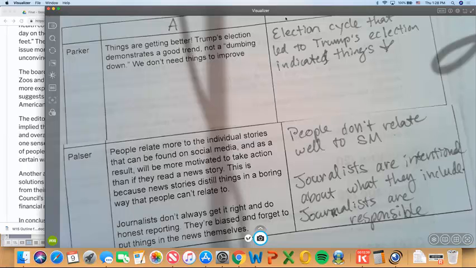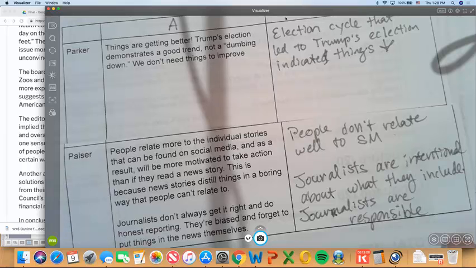She mentions some things, but she's thinking, okay, people are already on board with me with these ideas, and she's reaffirming some of these ideas with the examples that she gives, because she really wants to drive this point home that journalists are responsible. That's the place to go. All right. So, any questions about that?